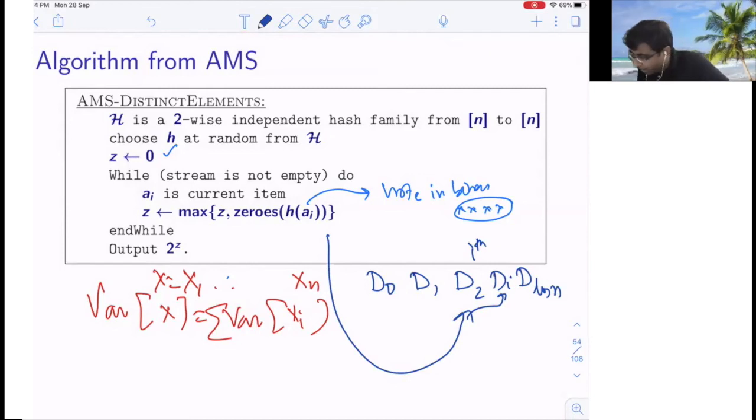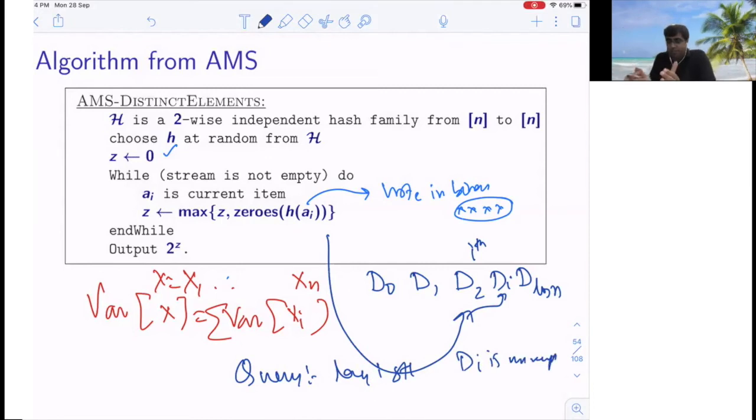And what is the query? The largest i such that D_i is non-empty. So in some sense we are also implementing this here, but our data structure is simple, trivial, and it only cares about whether there is some element with i bits or not. The query is which is the highest one, and whichever is the highest, you take that index and output 2 to the power z.